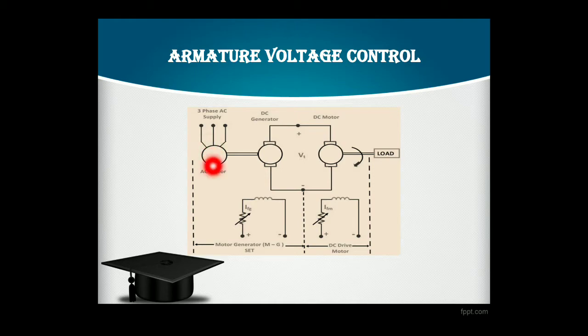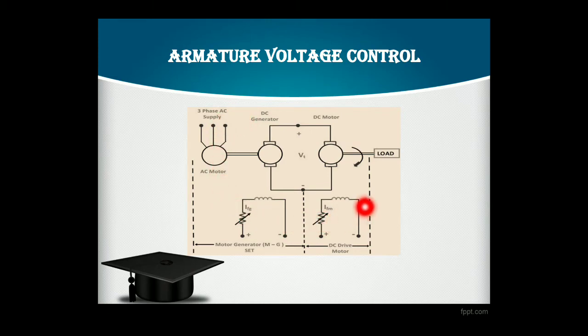One is an AC motor, a three-phase induction motor. One is a separately excited DC generator. Another is a separately excited DC motor, connected with the mechanical load. We have to control the speed of the DC motor using this whole mechanism.